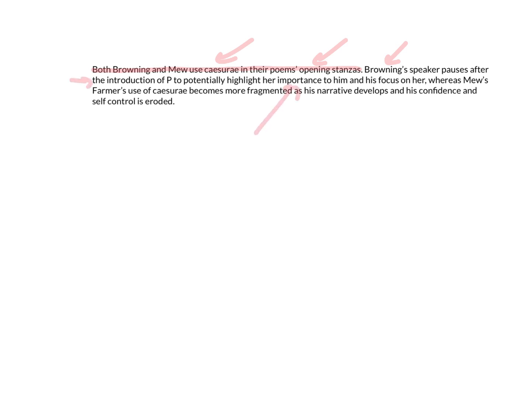Here's the effect of it. There's the analysis. There's our link word. There's the point in common again. Here's the effect again. Okay, so you've got that kind of balance. Hopefully that serves as a useful example. And if you haven't read the two poems, go and read them. Okay, good luck with your comparative essay.